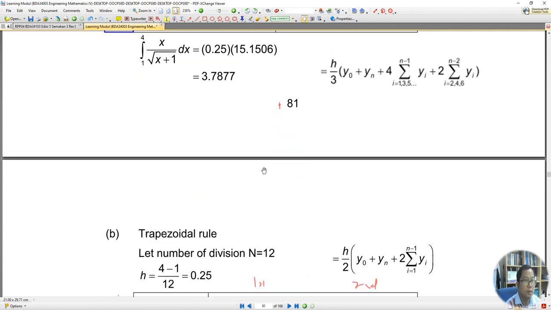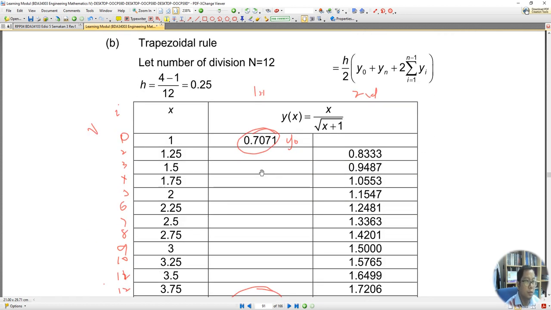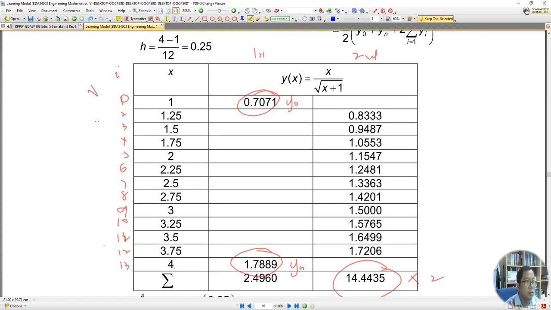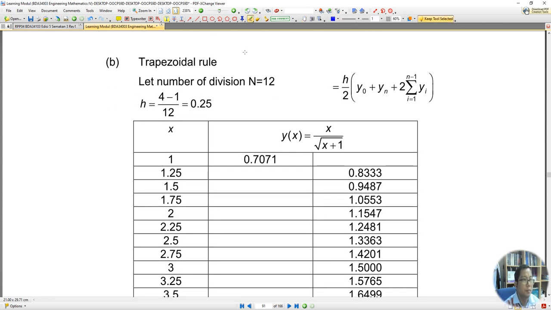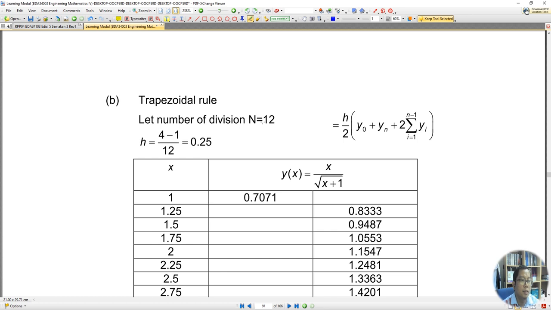So how about the trapezoidal? Okay, we go for the trapezoidal again. For trapezoidal you also have to put i here. The i is the iteration, start from 0. Again, the n number is 12, h is 0.25.